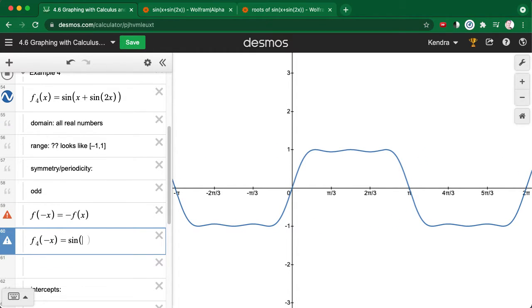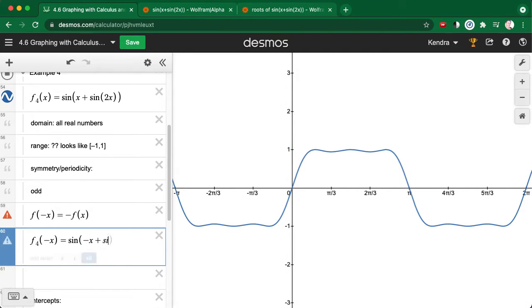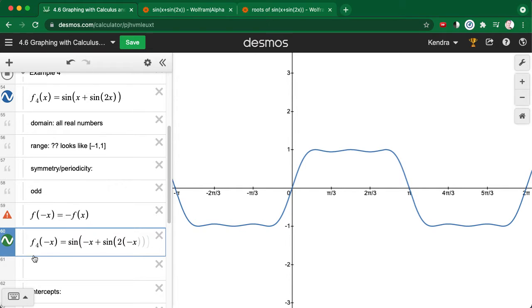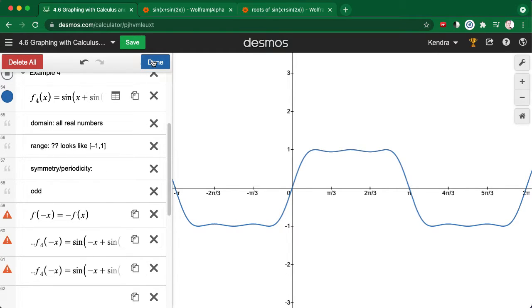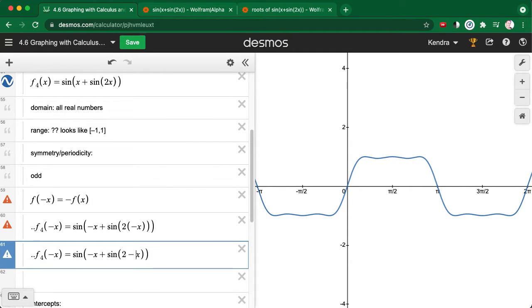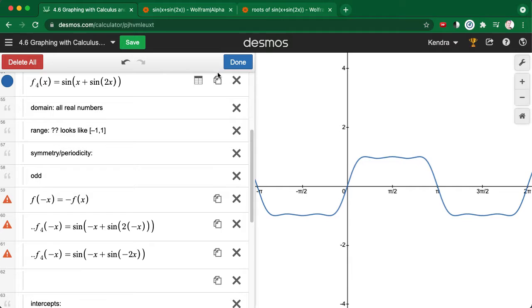Sine of negative x plus sine of 2 times negative x. So that's what f of negative x is. And I'm just going to put some dots there so it doesn't do any calculations with that. Now, 2 times negative x is negative 2x.